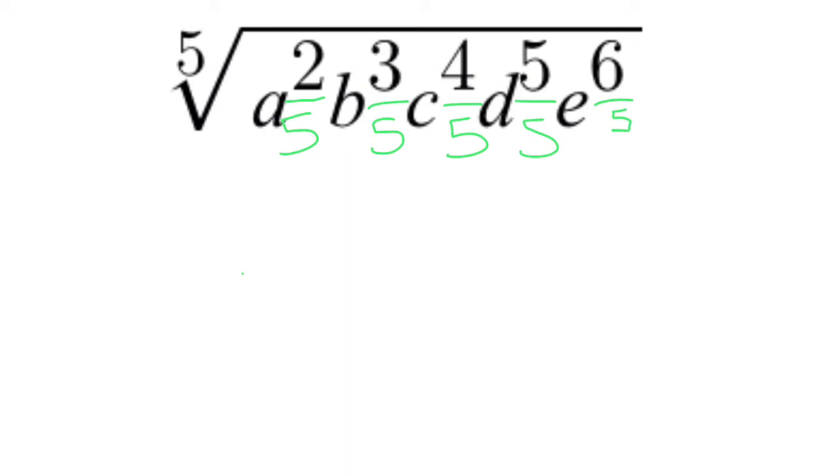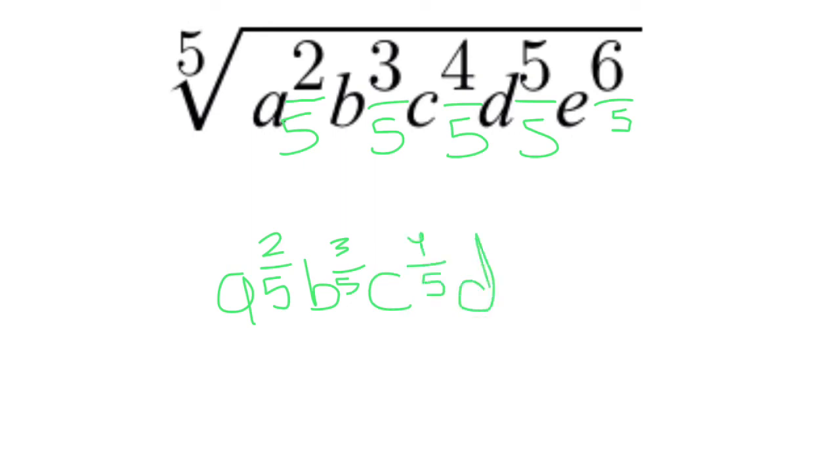So now we will have A to 2/5. B to 3/5. C to 4/5. D. And then E to 6/5. But in this case, you will just leave it as 6/5, I believe.